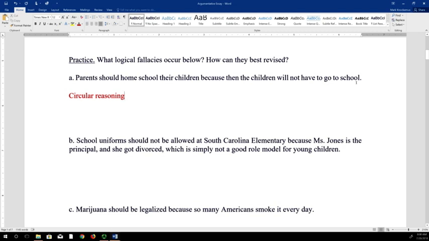So how could we fix this? Well, this part here, right, this is the circular reasoning part. So we'd have to take this part and cut it, and then we would have to put a real reason, right?